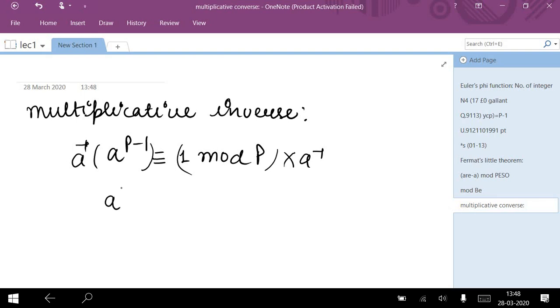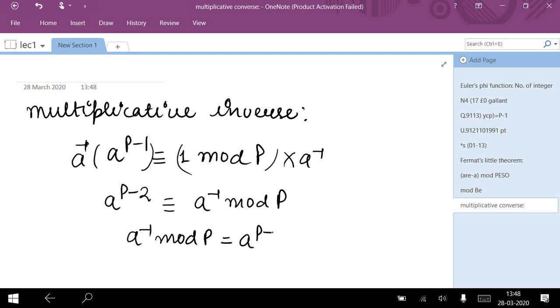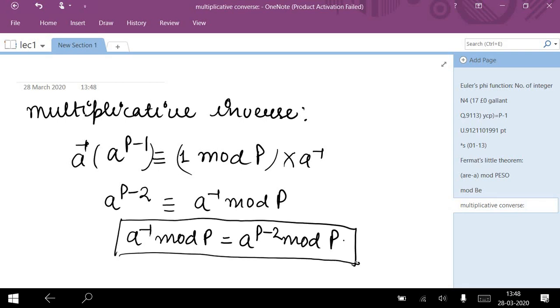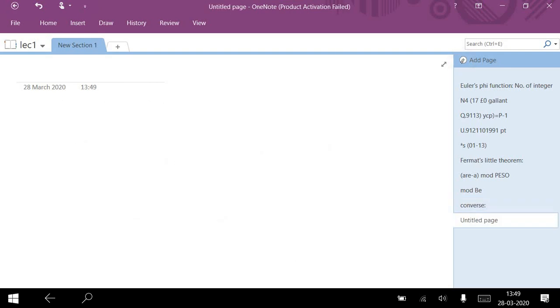After multiplication it will be converted to a to the power p minus 2, and it will be converted to a inverse mod p. Now you can say a inverse mod p is congruent to a to the power p minus 2 mod p. So this is the formula in order to find the multiplicative inverse. Just listen, don't worry about the example. I will solve the example for you.